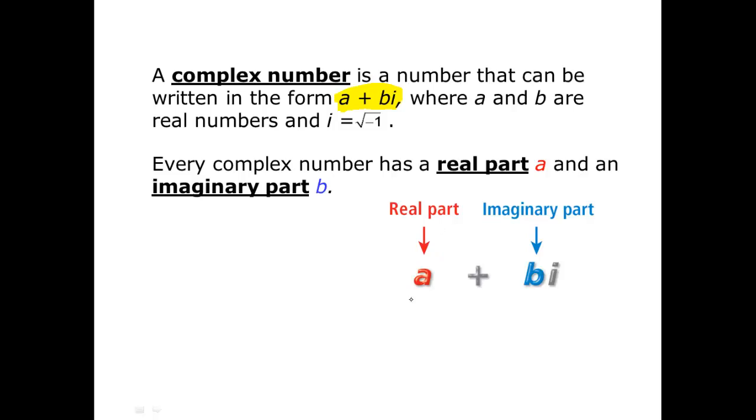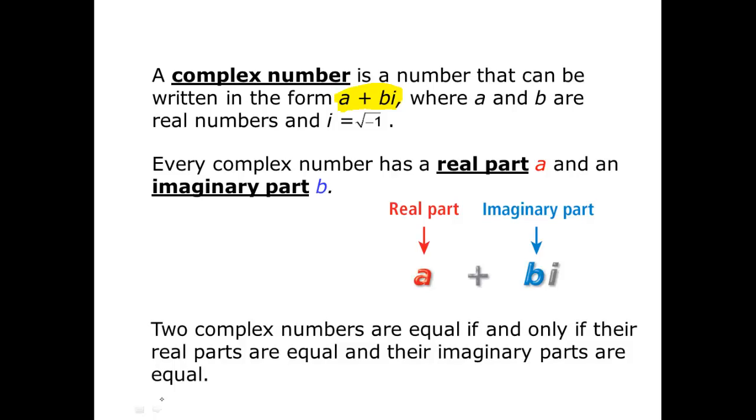The real part is a, the imaginary part is the bi. Two complex numbers are equal if and only if their real parts are equal and their imaginary parts are equal. For example, 2 plus 3i is equal to 2 plus 3i. Real parts are equal, imaginary parts are equal.